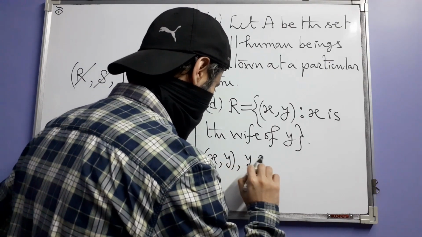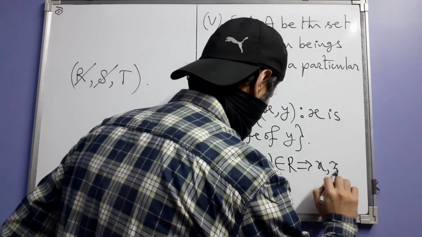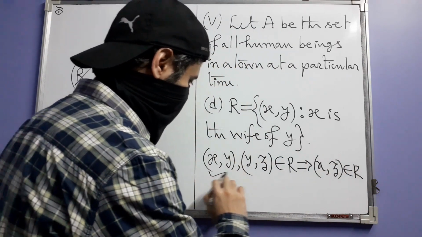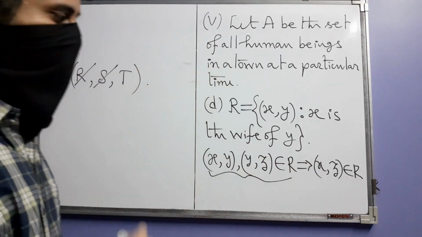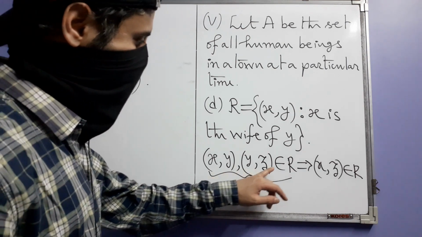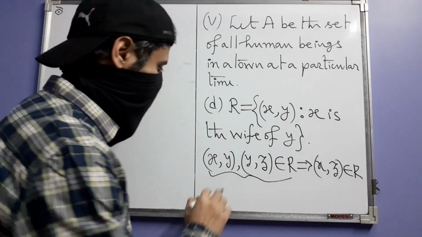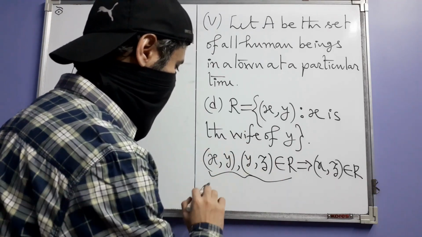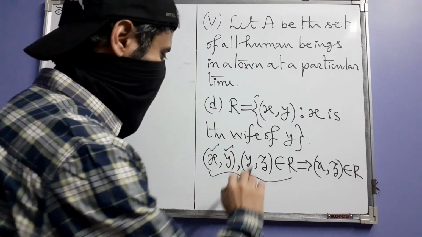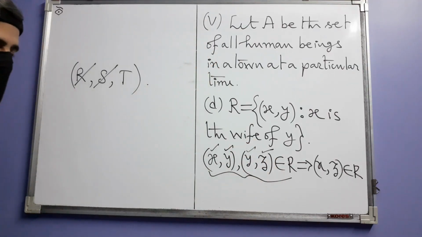This is the condition for transitivity. Is the hypothesis of this implication true? No, the hypothesis is not true. You cannot have two such pairs simultaneously in R. Why? Because this pair being in R means X is the wife of Y. But then how can Y simultaneously be the wife of someone else?